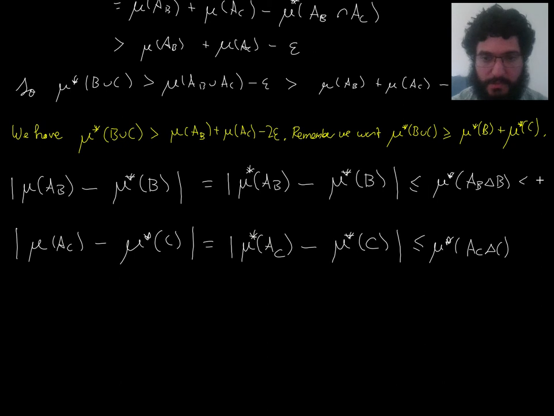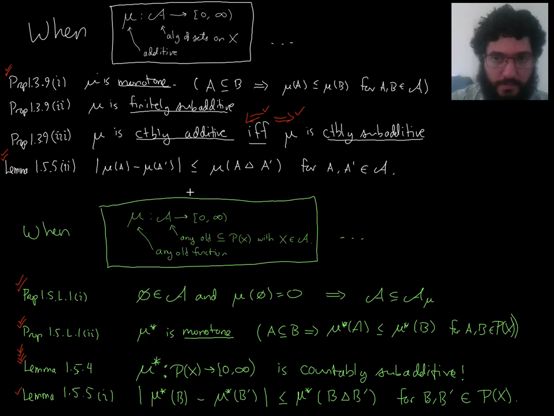And this was, what was it, epsilon over 2, I think. So here we're using this one twice. When you take the measure of a symmetric difference, be it the outer measure in this kind of crappy context, or the ordinary old measure in this context, the measure of a symmetric difference gives you an estimate on how far apart the measures of the individual sets can be.